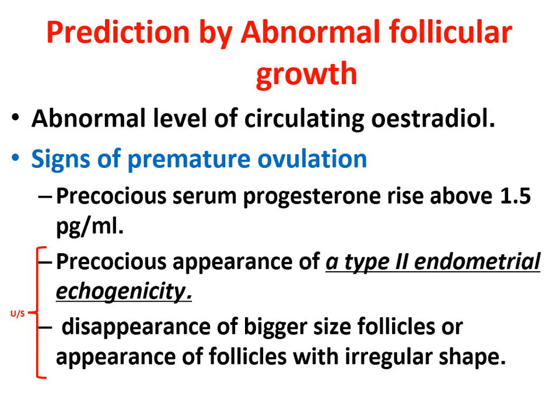But if you see type 2 endometrial echogenicity, thick endometrium, this means, in addition to precocious serum progesterone rise above 1.5 picogram per milli, disappearance of big size follicles or appearance of follicles with irregular shape, asynchronization of the follicles, all these are predictors of empty follicle syndrome because they are signs of premature ovulation, in addition to abnormal levels of E2 as I told you just now.